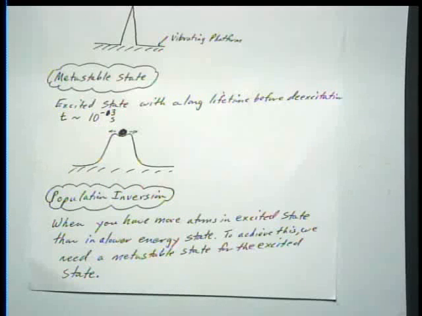So these states live long enough that you can push electrons or atoms in some excited state up to these states and stick them, whether it's a molecule or whether it's the electron you want to consider, electronic transitions. You need one of these. If you don't have one of these, you'll never get inversion. So you can't make a laser out of just anything. It's got to have a very special material. It's got to have one of these special quantum states in it.